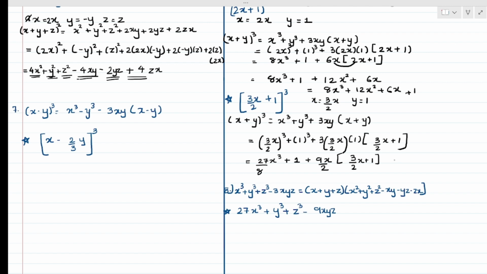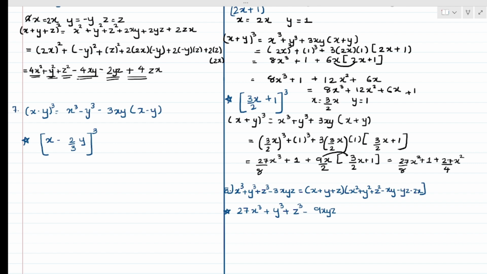Further solving this you will get, first of all, 27 by 8 x cube plus 1 plus, as you can see over here, 9x will get multiplied by this 3 by 2. 9 3s are 27. x times x gives me x square and 2 times 2 gives me 4.